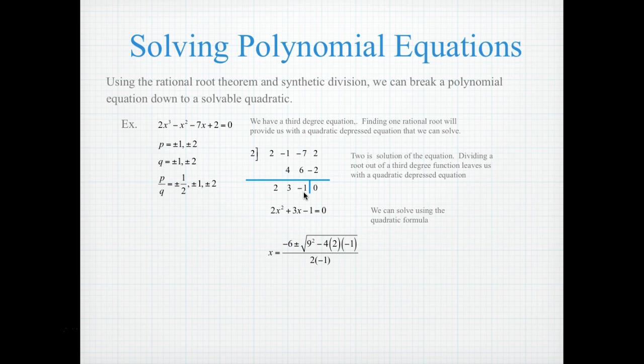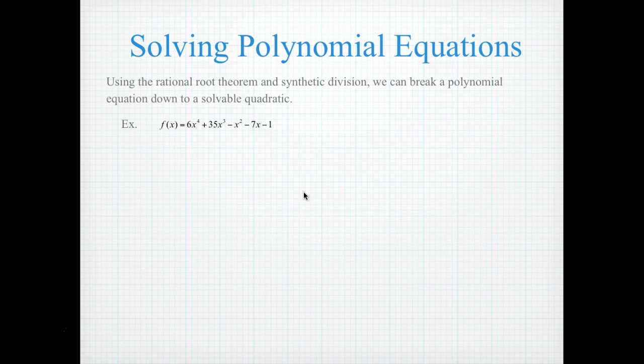So I take the opposite of b, plus or minus the square root of b squared minus 4ac, all over 2a, and I begin simplifying. We end up with x equals negative 6 plus or minus the square root of 89 over negative 2. Combine that with the 2, and I have the 3 solutions: 2 and 6 plus or minus root 89 over 2.